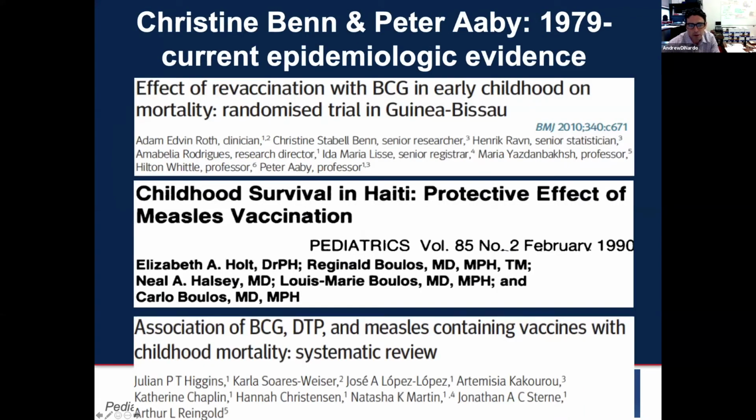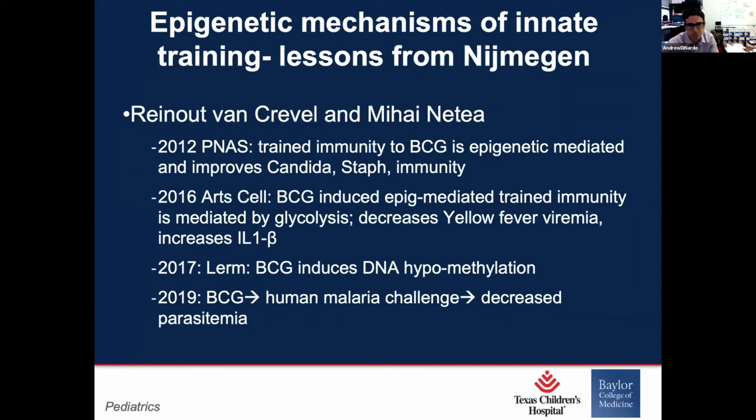There's also a plethora of data, mostly coming out of Christine Benn and Peter Aaby, starting 1979 up until now, showing that BCG, yellow fever, measles, multiple live attenuated vaccines have off-target, non-specific benefits that improve mortality. The group in Nijmegen over the past 8 years have shown the epigenetic mechanisms behind non-specific cross-protective immunity.